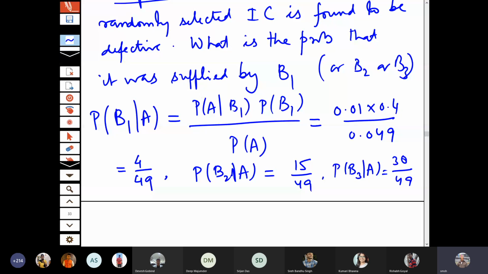It is only 4 by 49. Whereas we are taking only 30% supply from B2 and B3. But if the IC is defective, then the probability that it was supplied by B2 is much higher. It is 15 by 49. And from B3 it is actually 30 by 49. So you can see here the effect of conditioning.